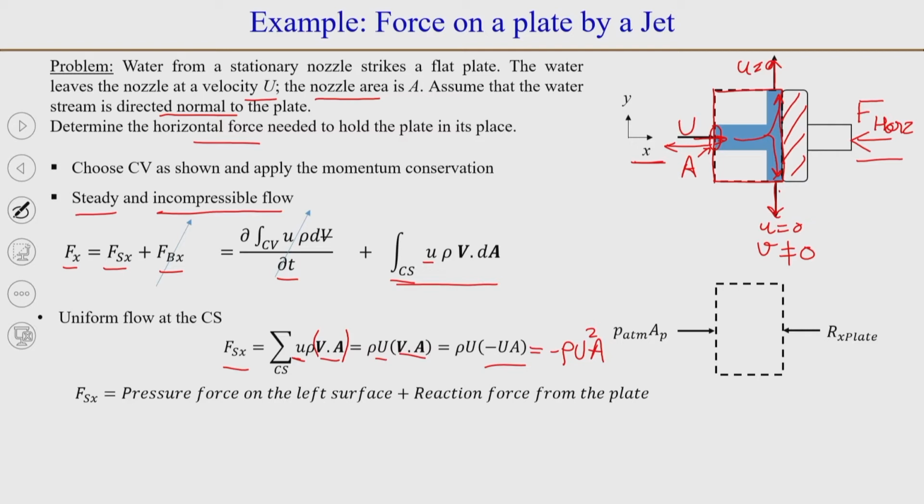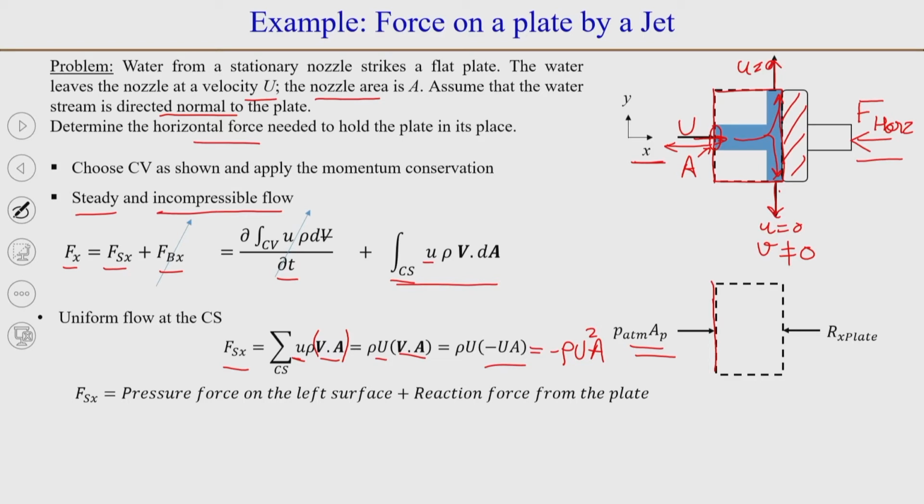Now, this is the total force along the x direction, and this force will be equal to, if we take the control volume and think about the forces that act on this control volume. So, we have a diagram showing the forces along the x direction. On this surface, the x plane, the pressure acting on the left surface will be equal to the atmospheric pressure multiplied by the area of the plate, because this area is equal to the plate area.